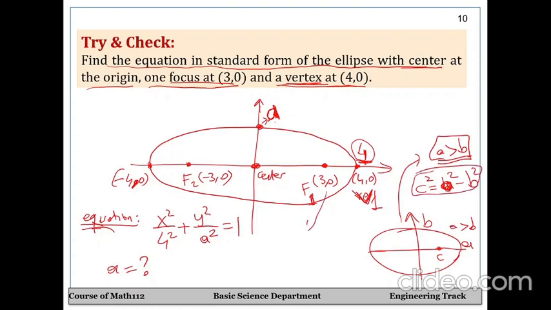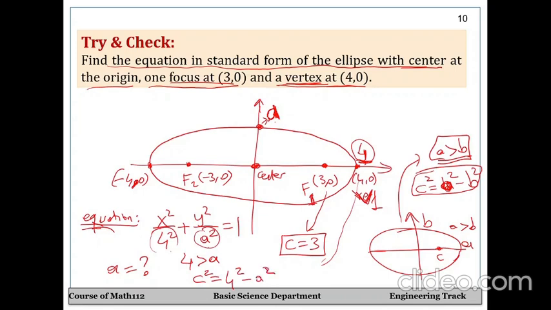So in our problem, c is 3, and we have 4 and we have a squared, and 4 is bigger than a. So c squared has to be equal to, which one is bigger? 4 is bigger, so we say 4 squared minus a squared.